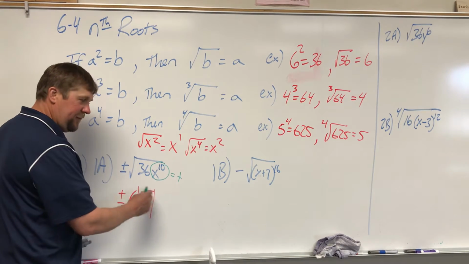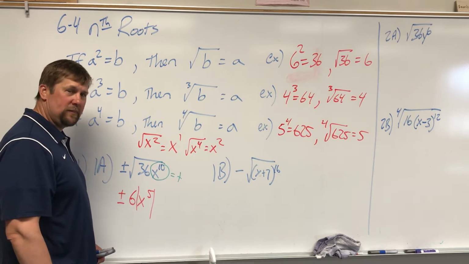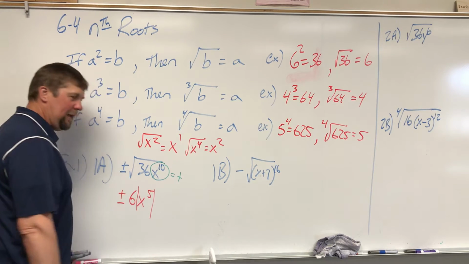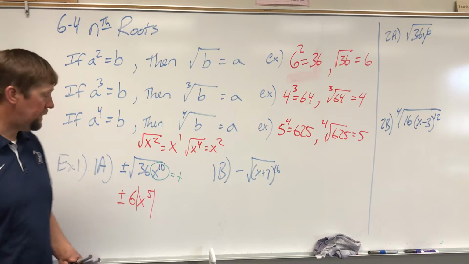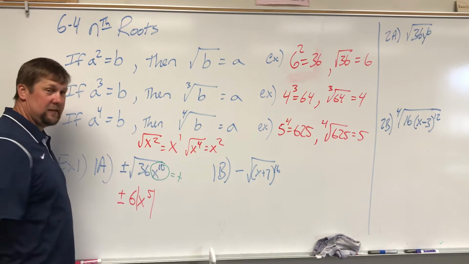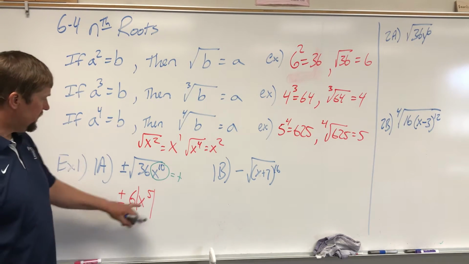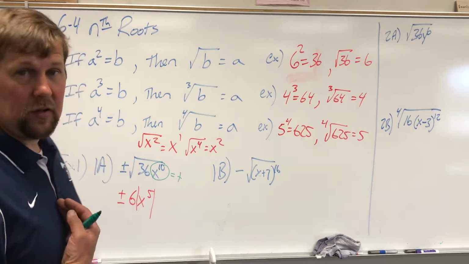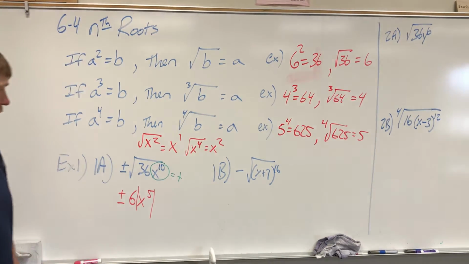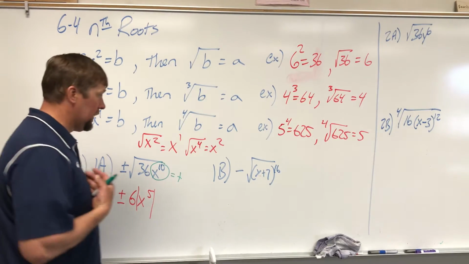However, x to the 5th can't be always positive, so they put the absolute value signs on it to say that it's going to be positive because x to the 10th was positive. So that's why they put the absolute value signs. I don't necessarily care about that, but that's why they have it in the book.